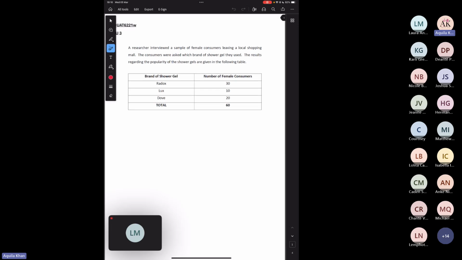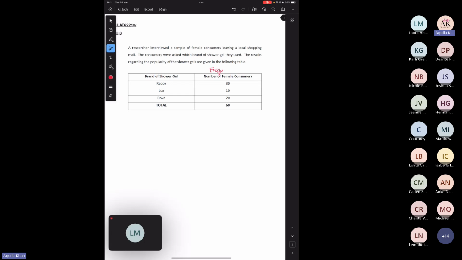On the screen, it says a researcher interviewed a sample of female consumers leaving a local shopping mall. The consumers were asked which brand of shower gel they used, and the results regarding the popularity of the shower gels are given in the following table. In the table, you will see the brand of shower gel, either Radox, Lux, or Dove, and then the count, which is also known as a frequency.